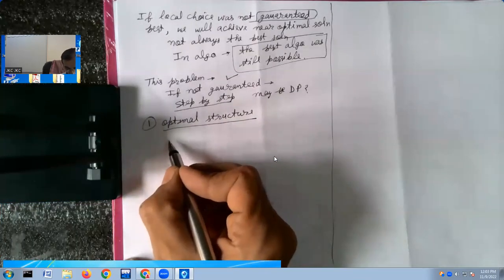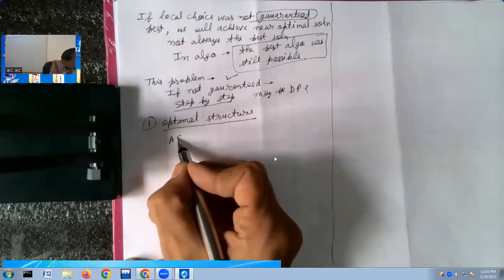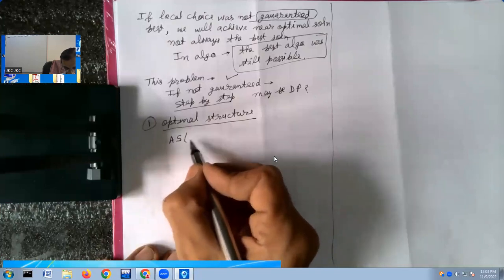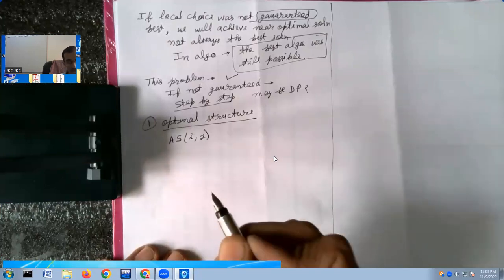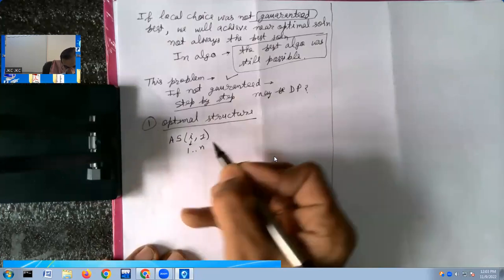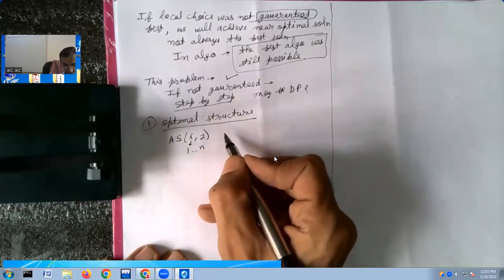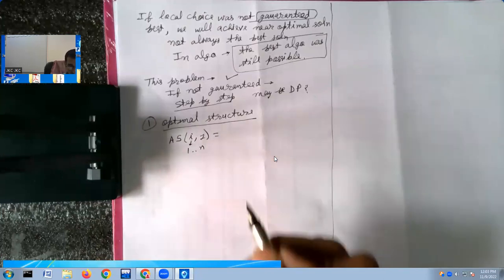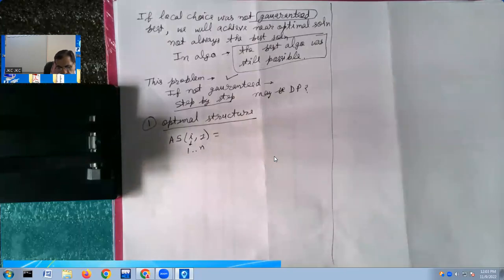So I say I want certain activity selection to be done out of some jobs given to me, from I to J. If I have, let's say, I as 1 and J as n, I want certain activities, or a count of activities. What should be the optimal structure? The aim is to find a structure so that the corresponding constraints are satisfied, but recursively I am able to proceed towards the substructures.